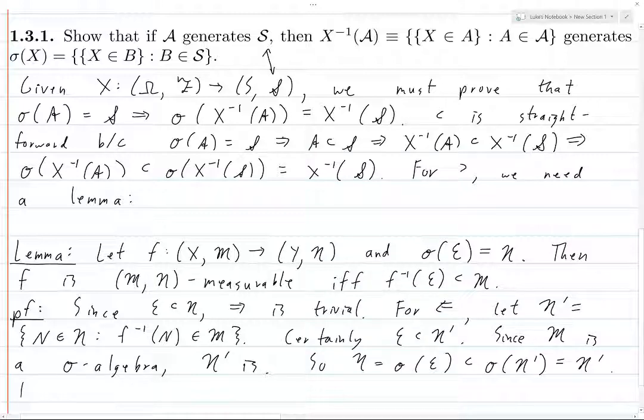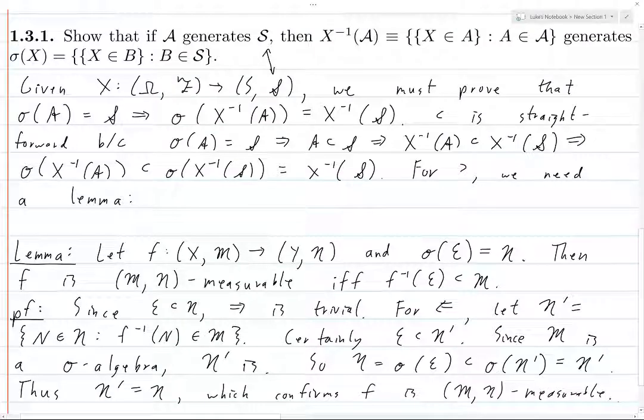So thus, any element of N is in N prime, which means precisely N prime equals N, because N prime is a subset of N. Which confirms that f is M, N measurable.